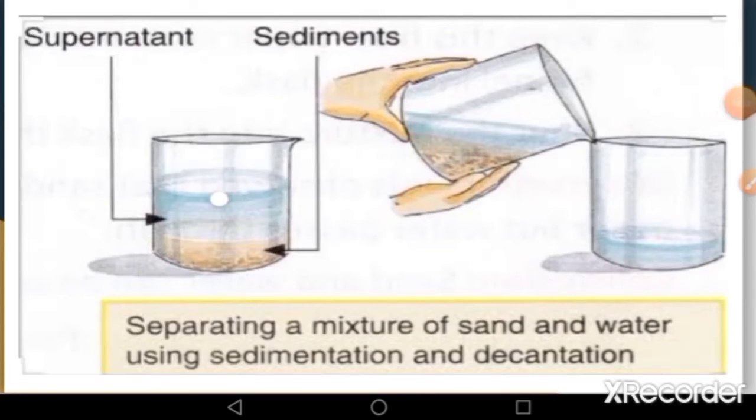Then the upper clear liquid, which can be water or milk, is poured into another container, means glass or bowl, without disturbing the insoluble substance which has already settled down. This process is called decantation. Mud and water can be separated by sedimentation and decantation.